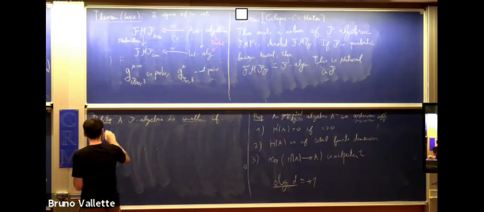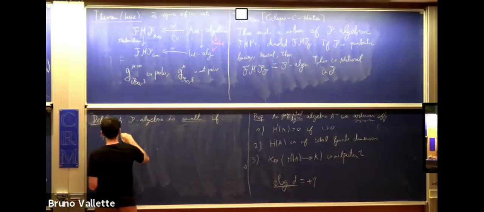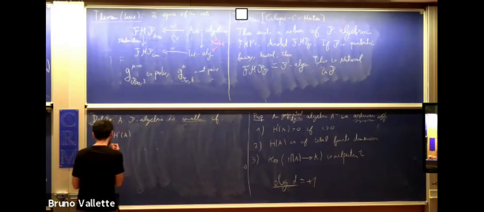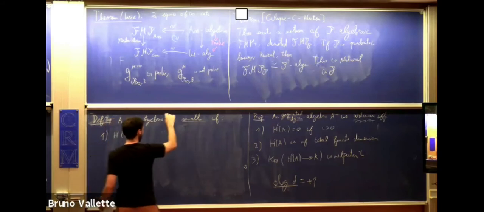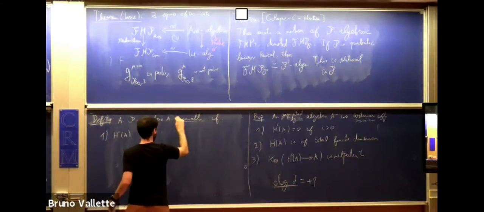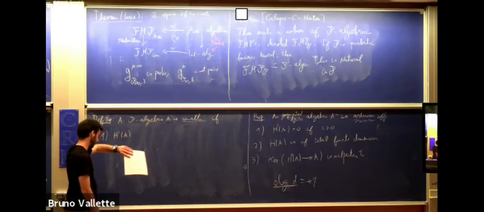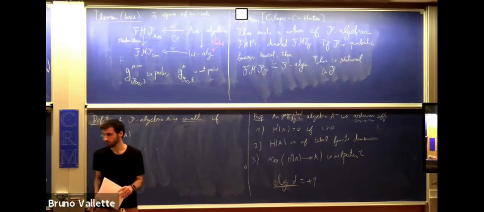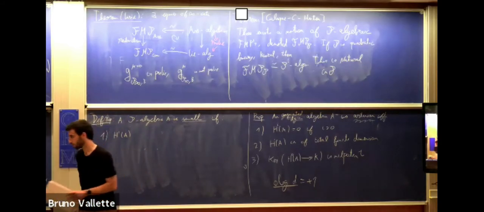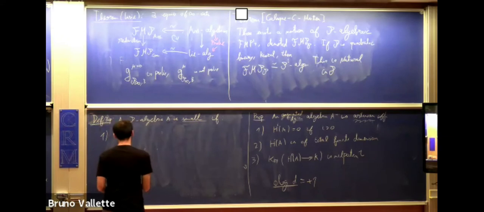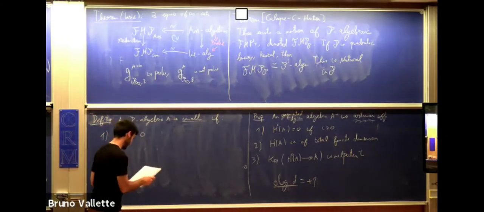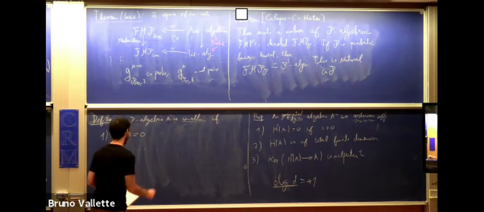One, the homology of A, a P-algebra A. As before, Artinian algebras were always A. I'll keep reserving A for this space of parameters.